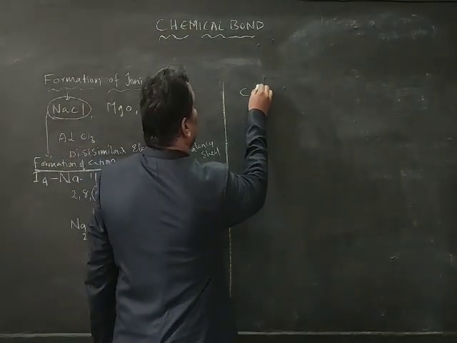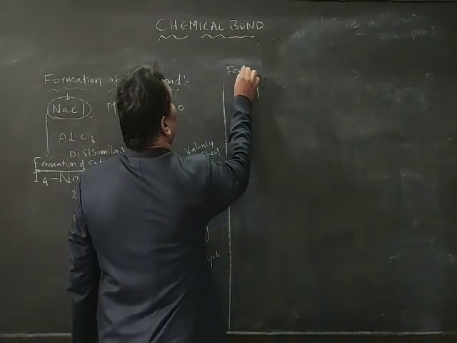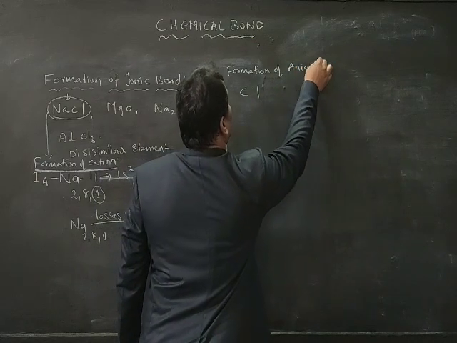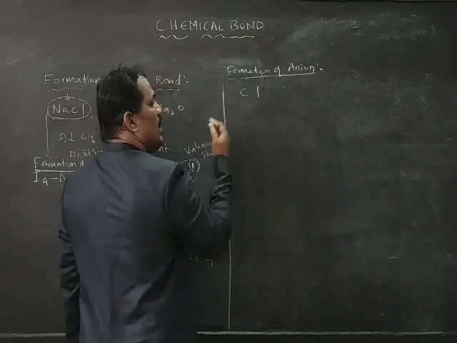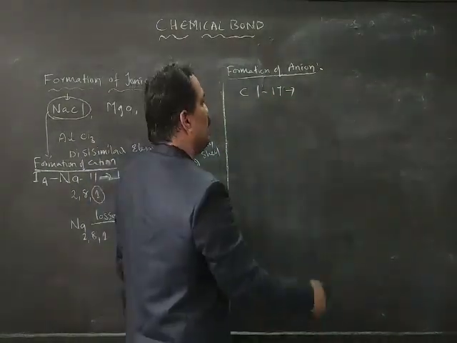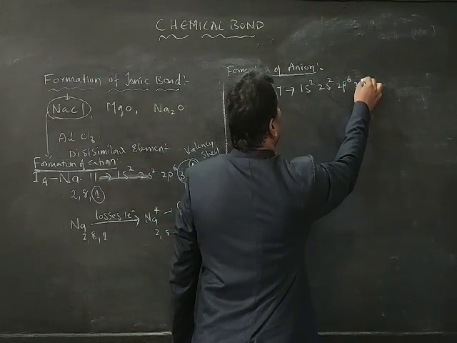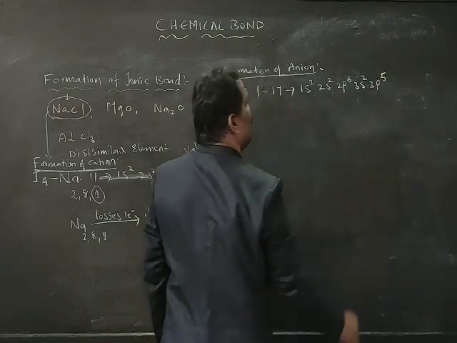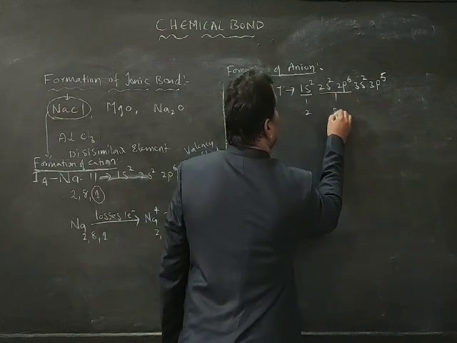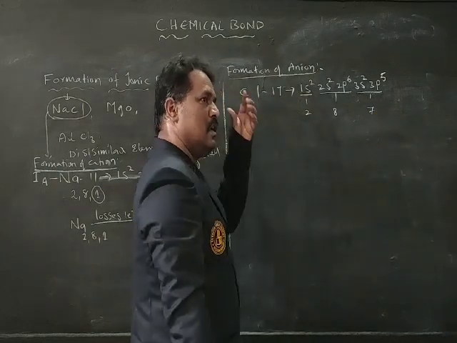Similarly, coming to chlorine, the next one, here is the formation of an ion. The chlorine atom has atomic number 17. Electronic configuration is 1s2, 2s2, 2p6, 3s2, 3p5. The first shell has 2 electrons, the second shell has 8 electrons, and the third shell has 7 electrons.